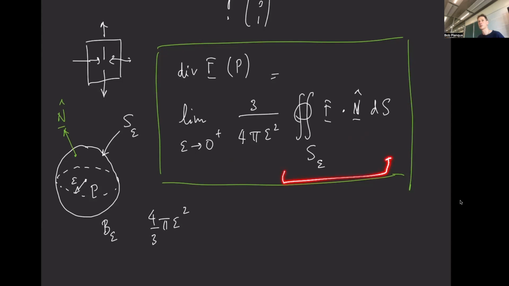Evidently, if you have a bigger surface, you're going to get a bigger flux. And so you have to counter that by looking at it per unit volume, so that if you take twice as big a surface, this ratio does not change, and it stays constant. And so apparently this is the same as the divergence, which is not so different from this picture that I showed you over here, where stuff is flowing in through a boundary in the x direction, let's say, and out in the y direction in 2D.